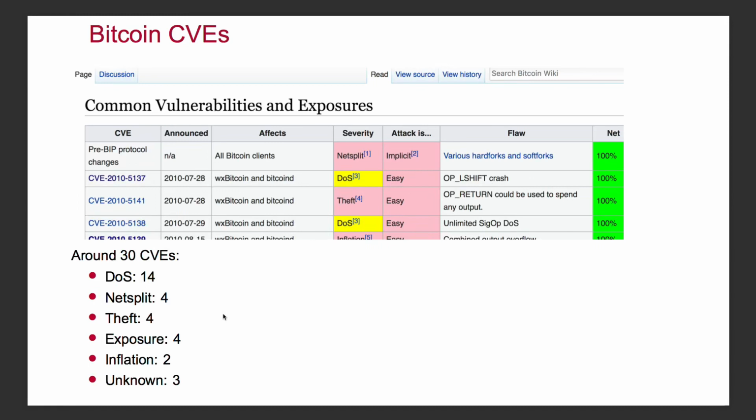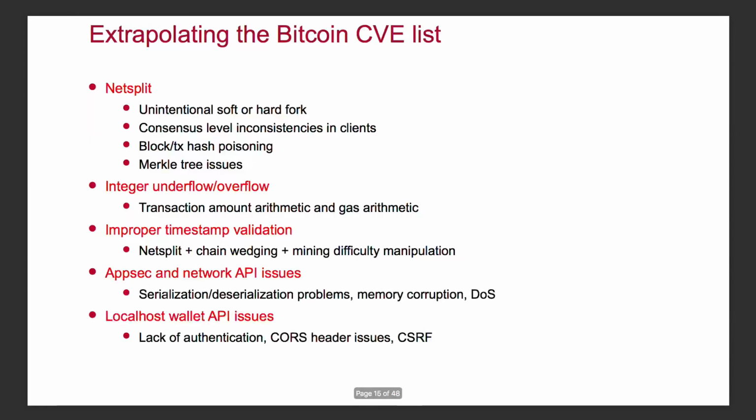Or it could be localhost API and wallet issues. And there are also some others, such as inflation. That's actually interesting. Inflation is when you create coins out of nothing and then the value of the coins drops and stuff like that. So I'm going to talk about net split attacks next.